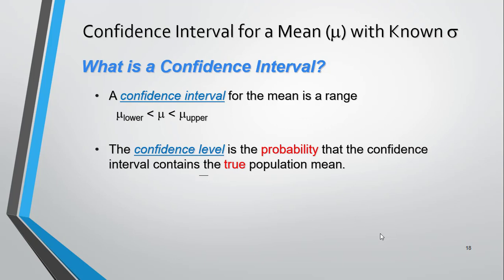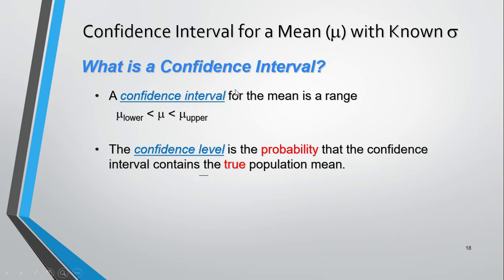So instead of saying that people in the U.S. spend on average 2.5 hours on cell phones, we can give a range. You can say maybe there's a 95% chance people will spend between 2 and 3 hours, for example. And that is the concept of confidence interval.